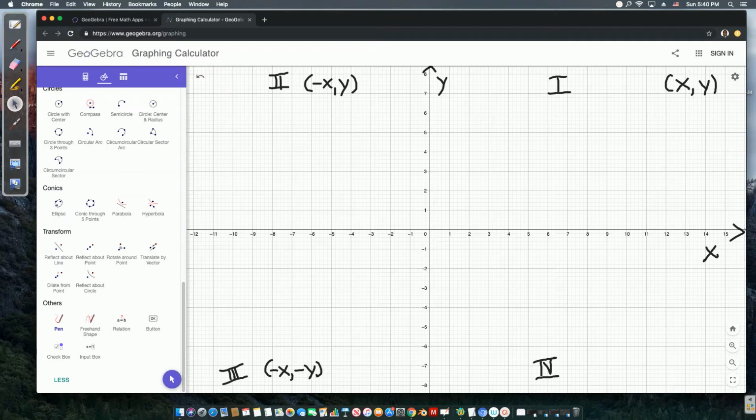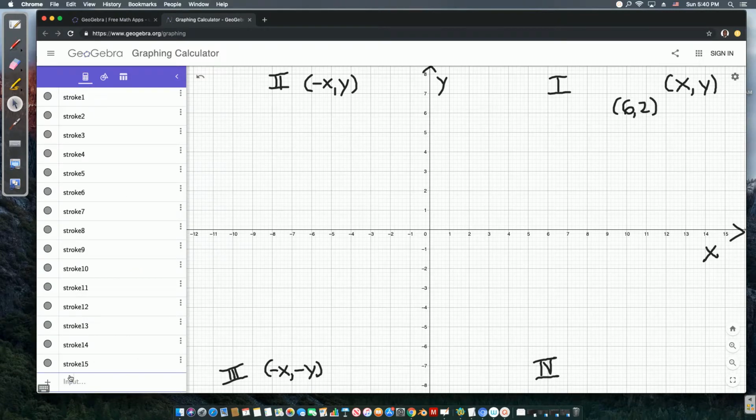Next, let us plot a point in quadrant 1. Let's come up with a sample. In this case, we're going to use the values 6 and 2. Let's go ahead and plot the point, and we're going to show why we derive that point.